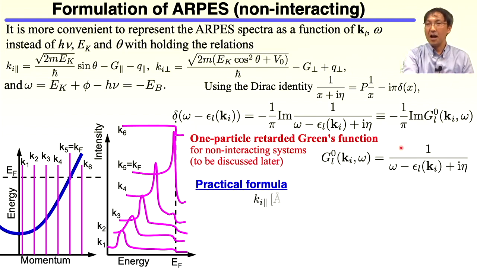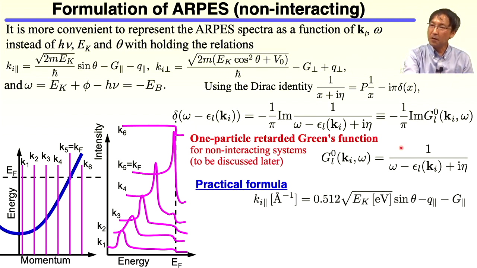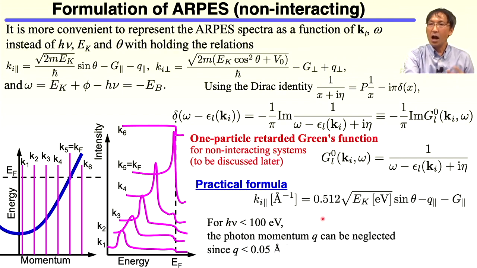Here, I introduce a practical formula to obtain Ki parallel in units of inverse Ångströms from the photoelectron kinetic energy Ek in electron volts, as shown here. Roughly speaking, half of the square root of Ek in electron volts is the value of the momentum, a wave number, in inverse Ångströms.